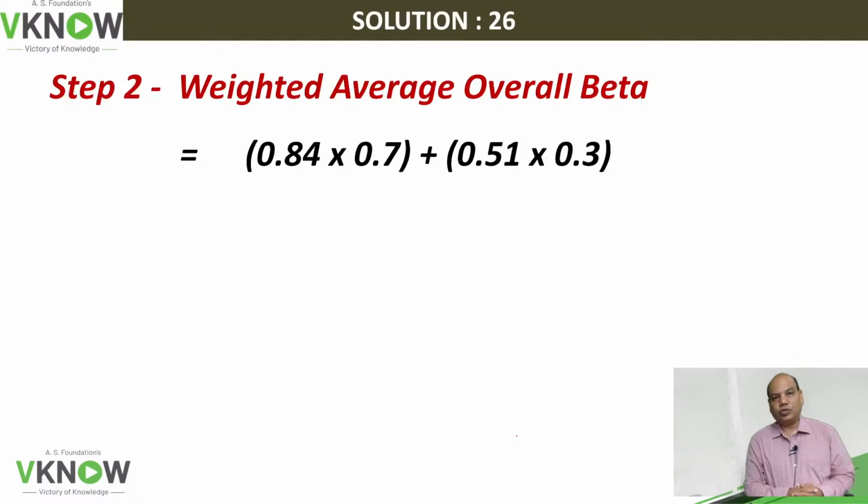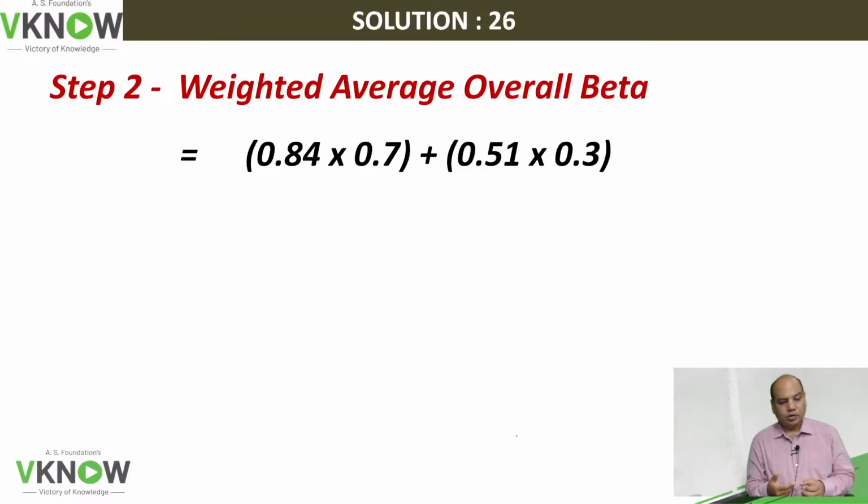It will be the overall beta of these two companies multiplied by the weights: 0.84 into 0.7 plus 0.51 into 0.3. Yes, reply please, everybody.